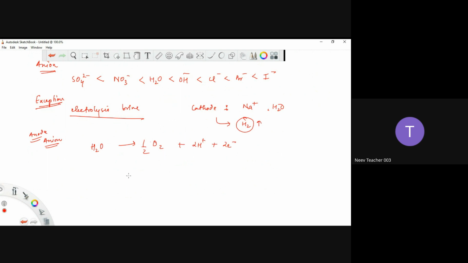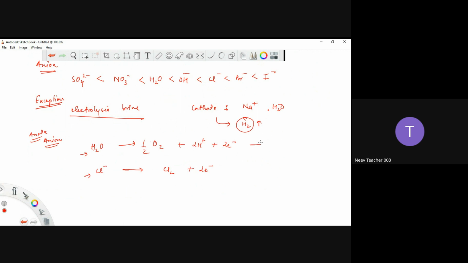And chloride ion is also there. If the chloride ion gets oxidized, it's going to form Cl2 and 2 electrons. Now either the H2O should be oxidized or Cl minus should be oxidized, and that we need to decide.